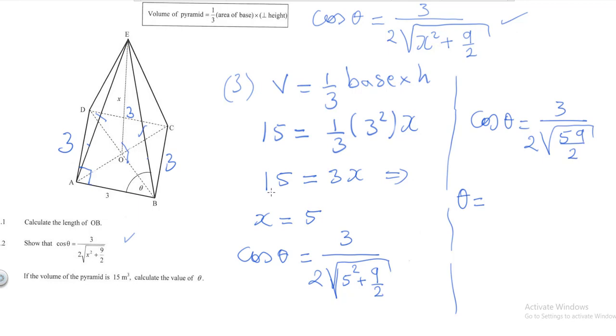Then you close the bracket and then you go to equal. So this will give you 73.968. So if you round it off, this will give you 74 degrees. So that is the value of theta.